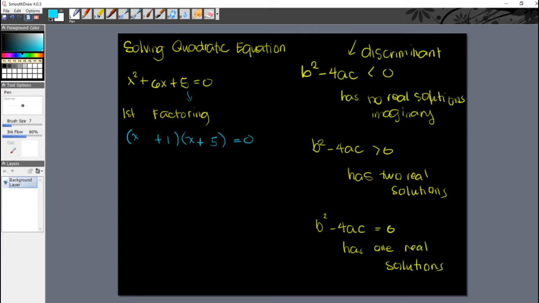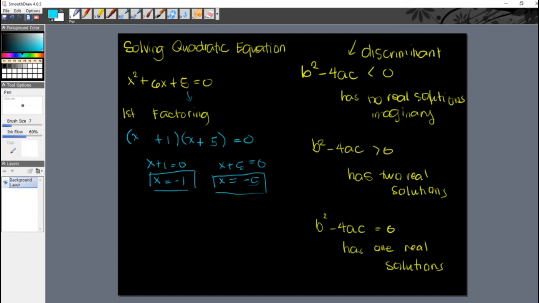To continue solving for the x values, we apply the zero product property, where we equate both factors to 0. Solving for x in each, we have x equals -1 and x equals -5. So we have two values of x for this quadratic equation.